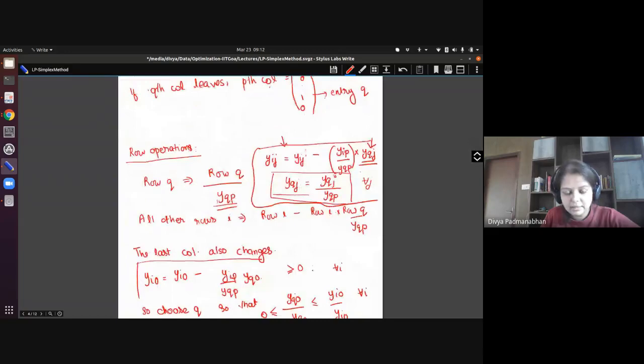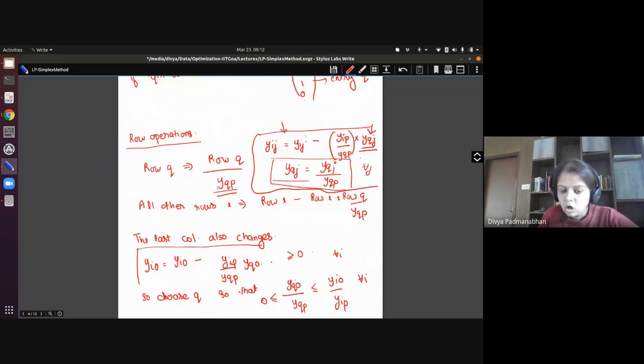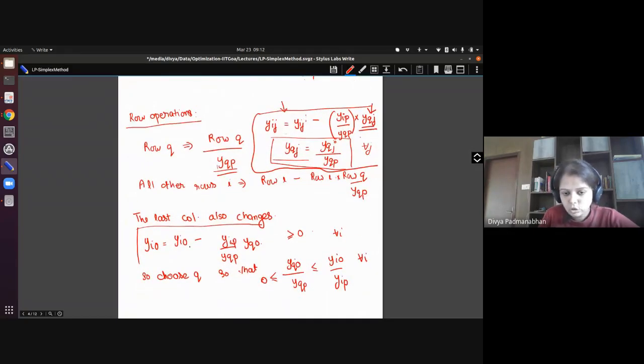This has to be greater than or equal to 0. If you rearrange these terms, you have y_q0 by y_qp less than or equal to y_i0 by y_ip for all these rows, and this has to be greater than or equal to 0. This is just the values of the basic solutions, which have to be greater than or equal to 0, and so that's why this is going to be true.